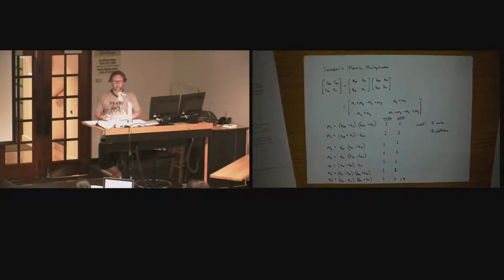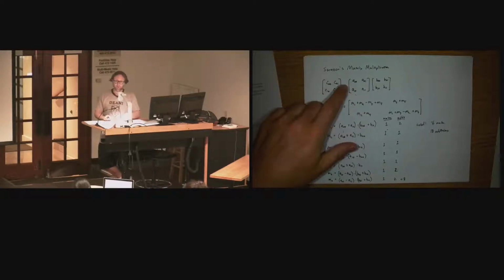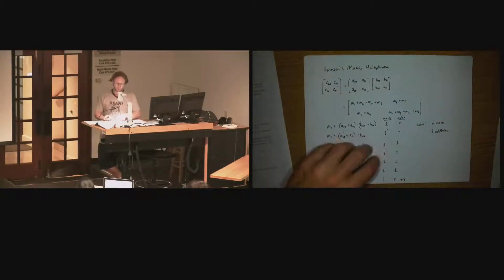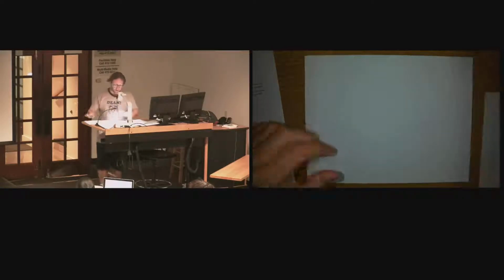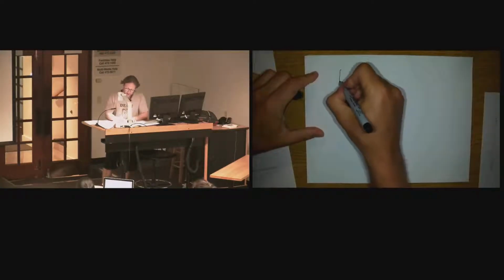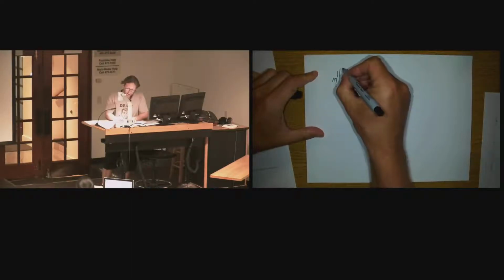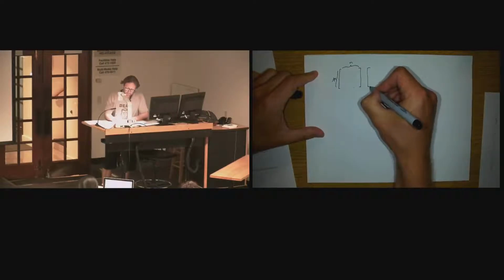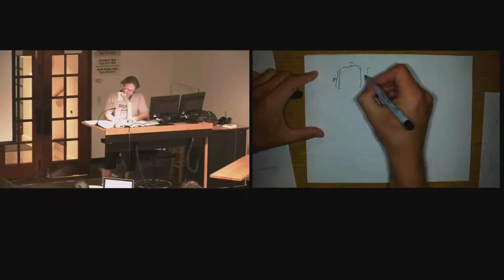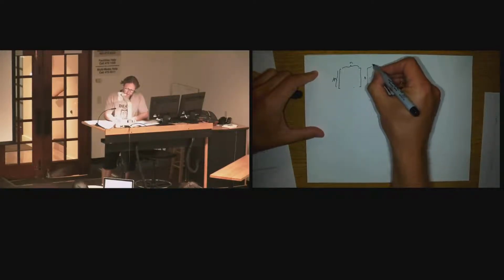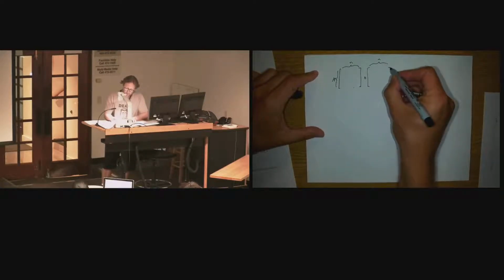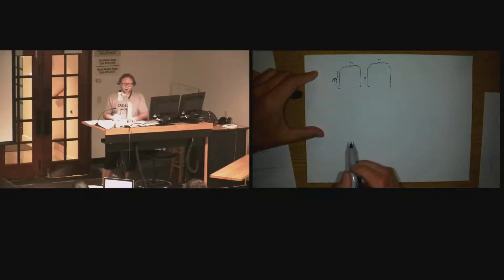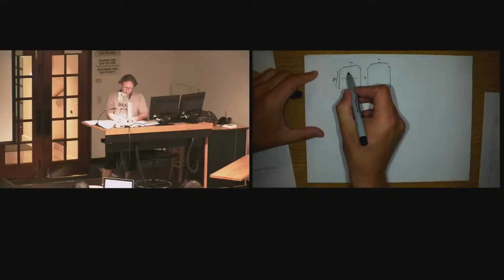I wrote these as scalar values. It doesn't have to be. You can replace each one of these with a matrix and do it recursively. The way that you can do that is by simply taking A. If A is an n by n matrix, and B is an n by n matrix, what you do is you break it up into quadrants.